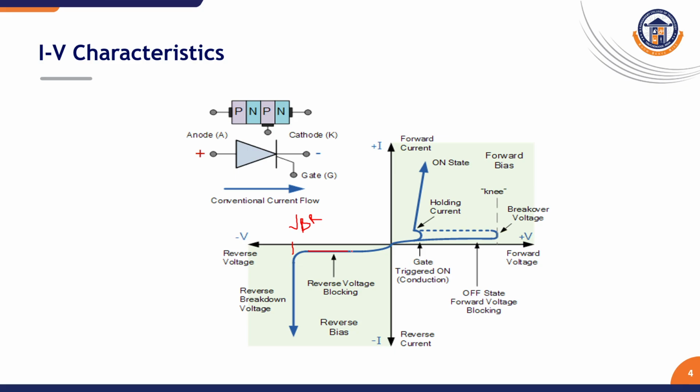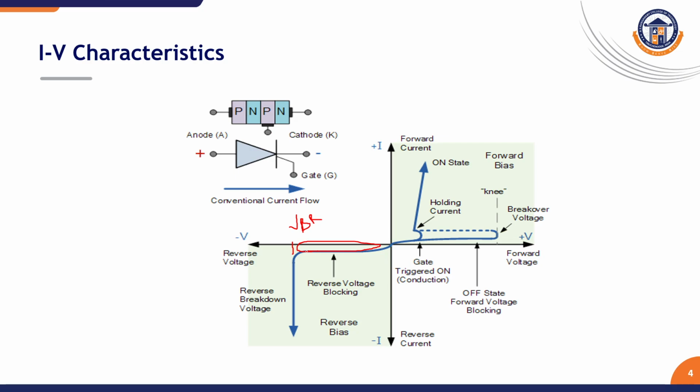There will be a small leakage current due to minority carriers. We should be careful that it should not exceed the reverse breakdown voltage VBR in the reverse blocking mode.